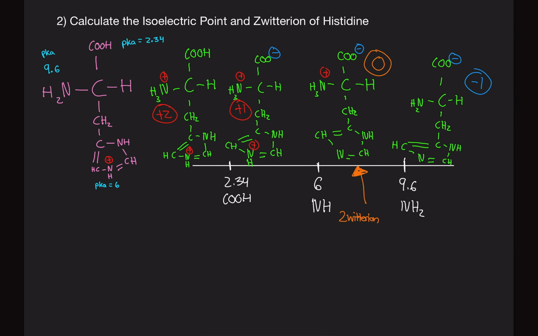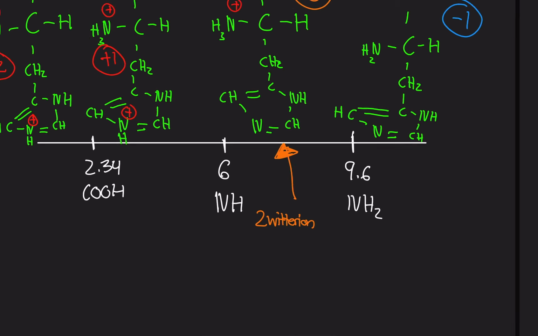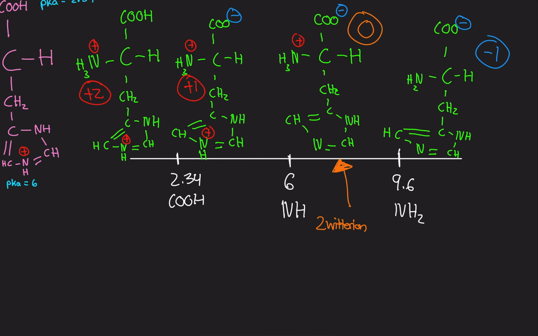Now, how do we calculate the isoelectric point if we have 3 pKa's? Well, this is why I did the number line method. Because what you're going to do, first step is, you're going to look at where the Zwitter ion is located. And then you're going to look at the boundaries to the very left of it and to the right of it. So here's the Zwitter ion. The boundary to the most left is the 6.